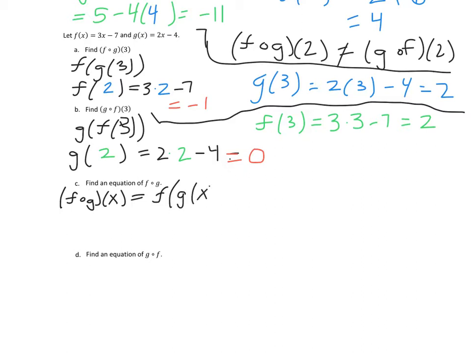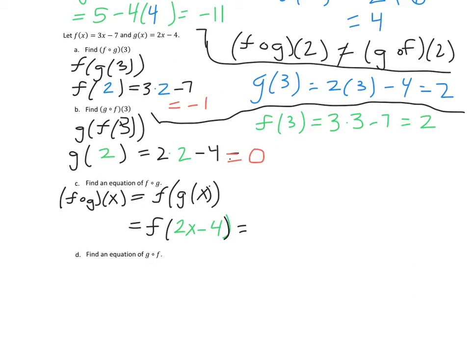In this case, f composed with g, we're going to plug g into f. So our g function is 2x minus 4. In our f function, wherever we see an x, we're going to plug in 2x minus 4.